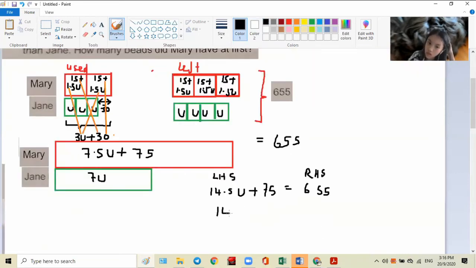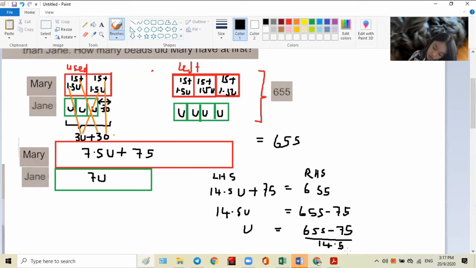So 14.5 units is equal to 655 minus 75. And then 1 unit is equal to 655 minus 75 divided by 14.5. I'm sure you get a nice number.